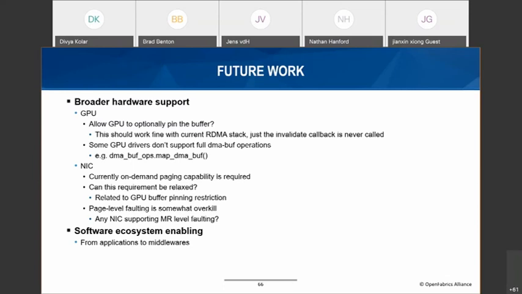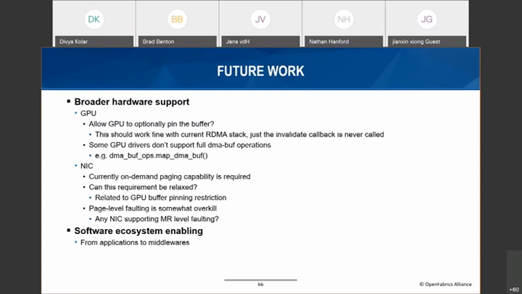For some GPUs, it may be possible to allow part of the memory to be declared in advance as pinnable, so it can be pinned for a certain amount of time for the RDMA operations. If that's the case, then the restriction on the NIC side can be relaxed.